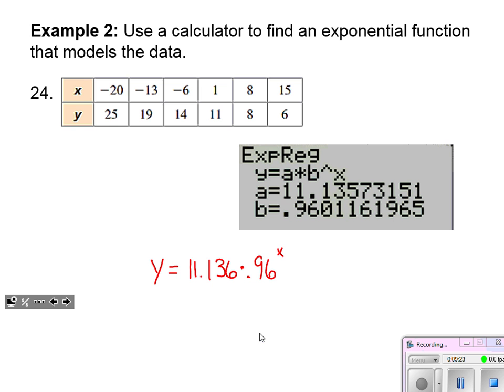Now, obviously, this doesn't look very clean with our multiplication. So a cleaner way to write that would be y equals 11.136 times 0.96 to the x, using parentheses and 0 point to show the decimal point a little bit more clear. We don't want to lose any of that as we write our function. So that is the preferred method to write that down below.